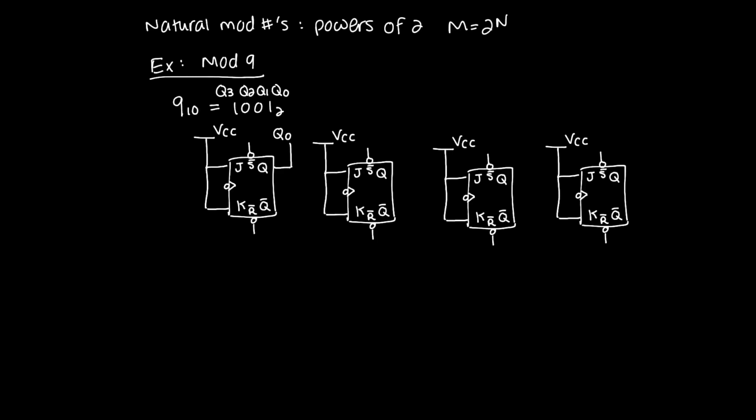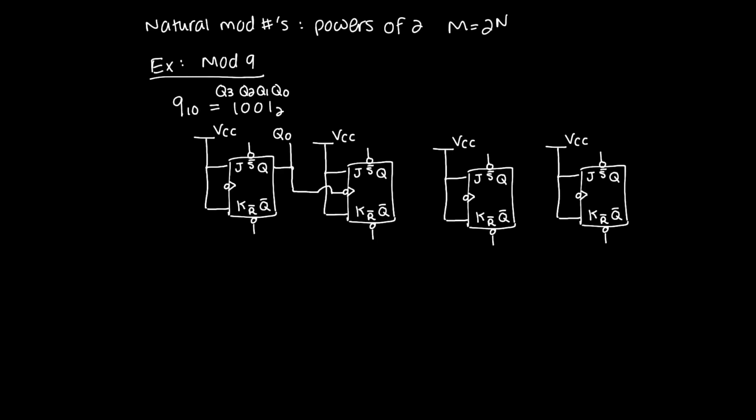Now, Q3 is my most significant bit, and I always keep my most significant bit over on the left. So why am I putting Q0 over here on the left in my schematic? The reason is just that the wiring is greatly simplified, because I am also going to wire the output Q to the clock of the next stage.